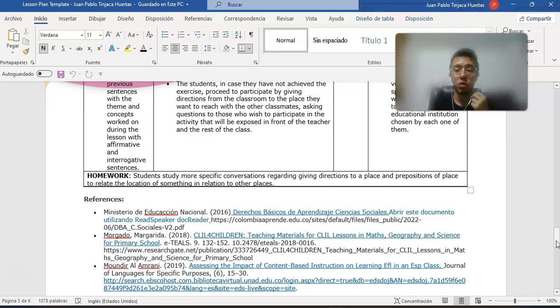That means next to, behind, in front of, under, above. Yes, the different prepositions of place. And they will make some sentences to provide directions in English, in this case using the prepositions of place learned, at their houses. That's all the information about my lesson plan.